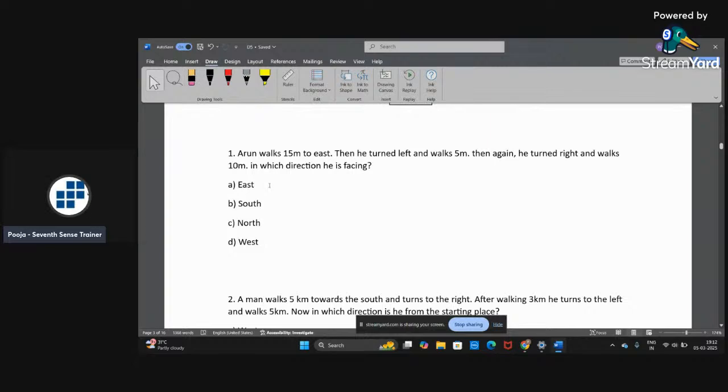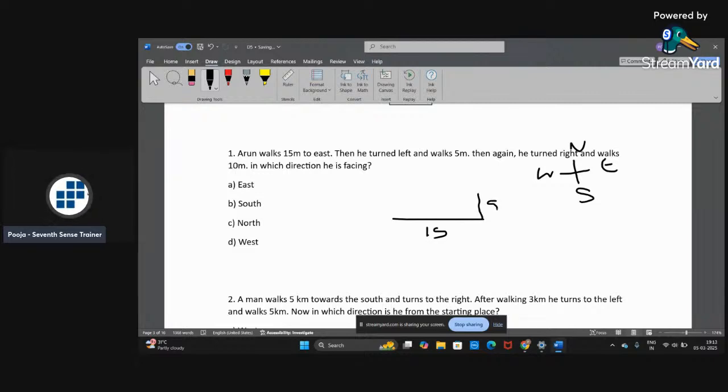Here, let's solve it. Arun walks 15 meter to east. That means this side, right? This is your east, right? Let's set it on north, south, east, west. Arun walks 15 meter to east, right? Then it turned left. His left means upwards. That means north side.